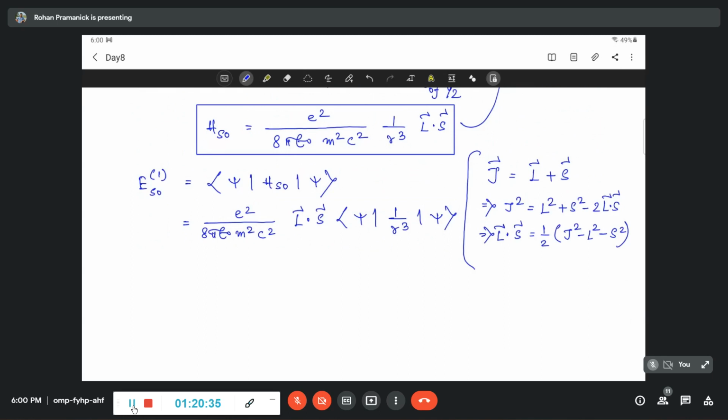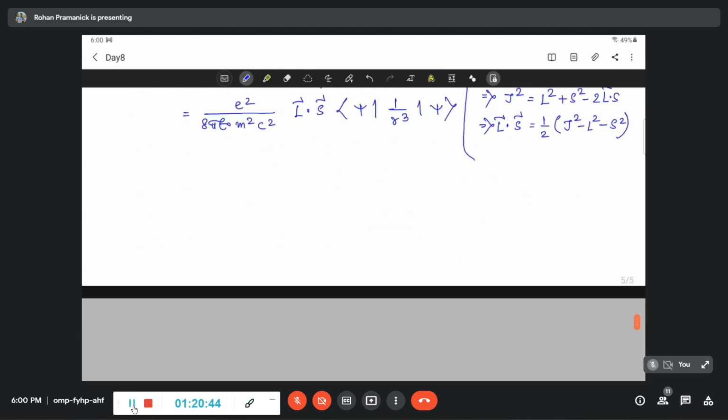This algebra also has a group theoretic name, but the same group theory follows for J also, and it will have an eigenvalue of J into J plus 1 h cut squared.